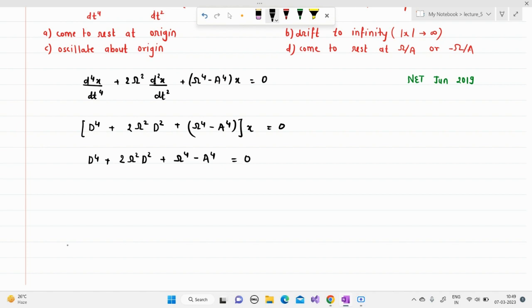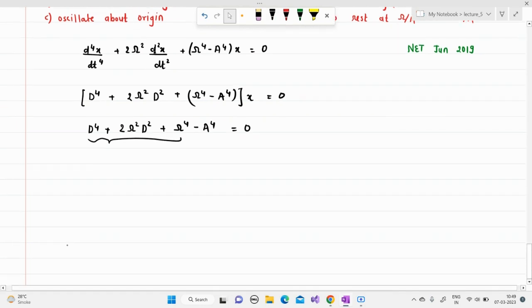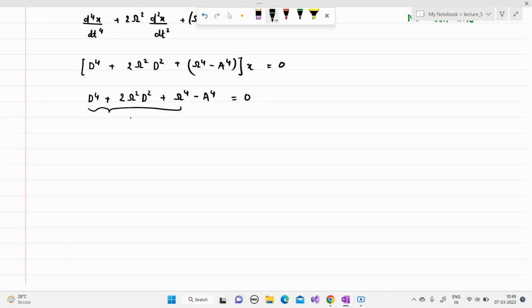Okay, and now if you see this term from here to here, it is nothing but D square plus omega square whole square.